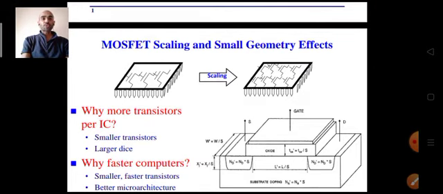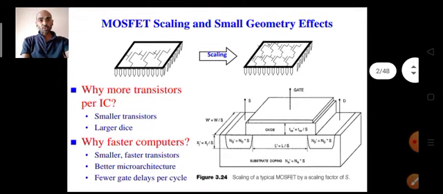Later we'll see which type of scaling is better, because if there are multiple types of scaling, then which one is better. This is our motto for today's class.